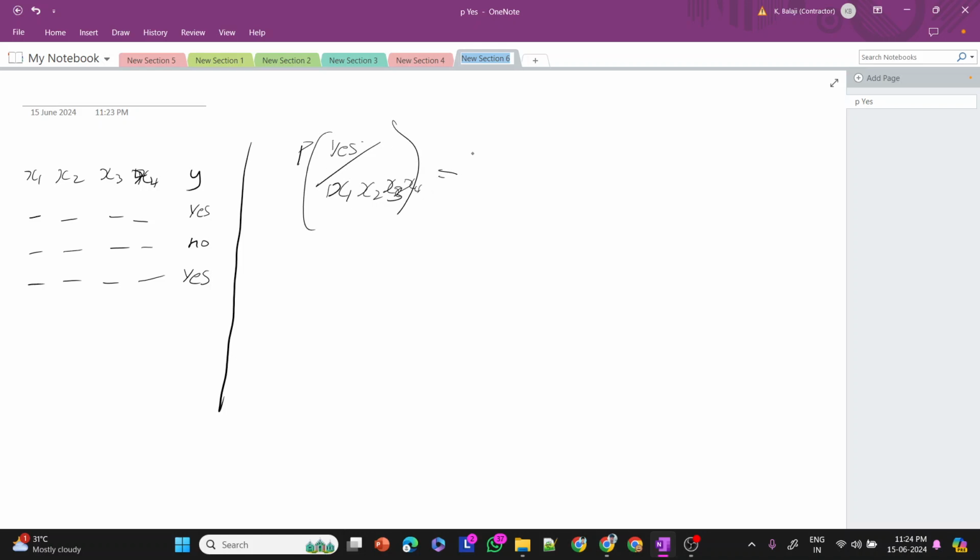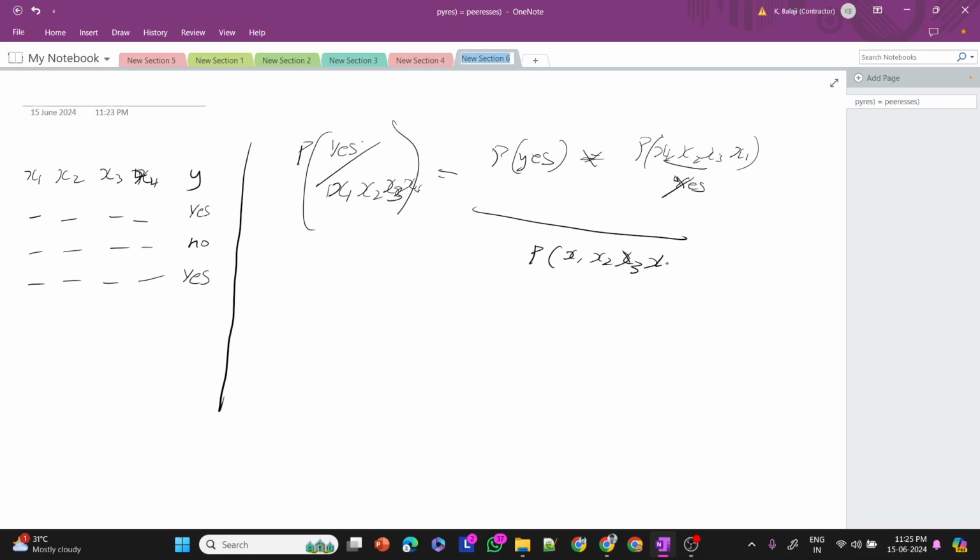It will be the probability of yes times the probability of x1, x2, x3, x4 given yes, divided by the probability of x1, x2, x3 and x4.